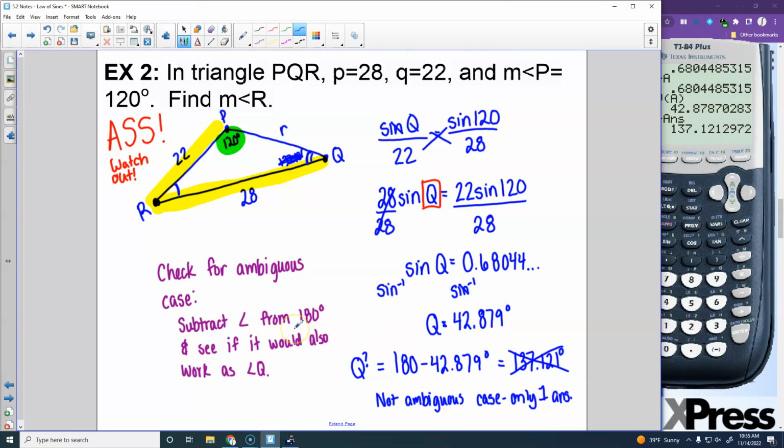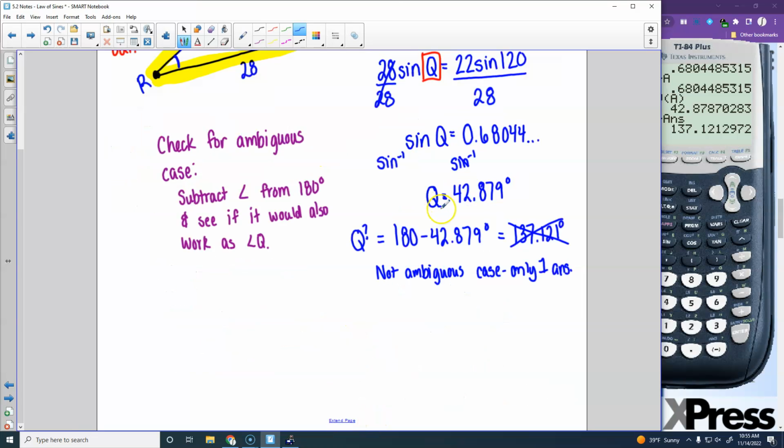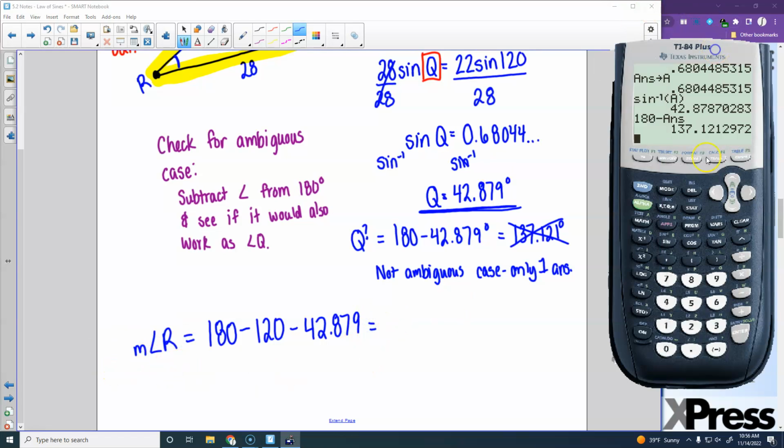So now that's not my answer because it wasn't asking me for Q. What did it ask me for? R. So I do need to find R. So I know Q is 42.879. I'll do 180 minus the 120 minus the 42.879. This will give me the measure of angle R. If you ever see that M before the angle R, that means measure of angle R. That's our standard notation for that.